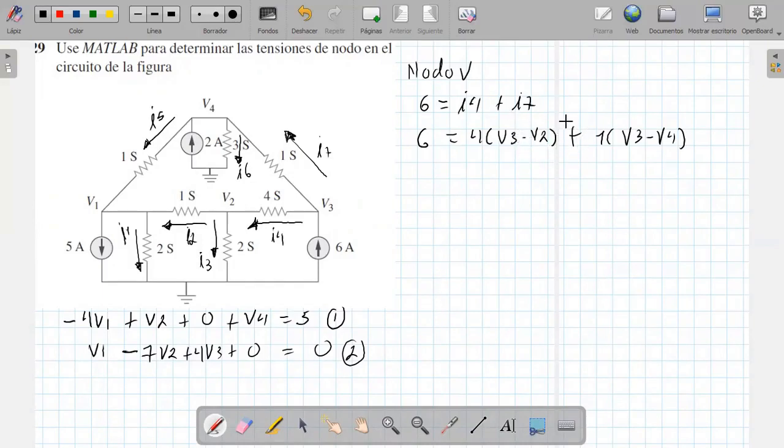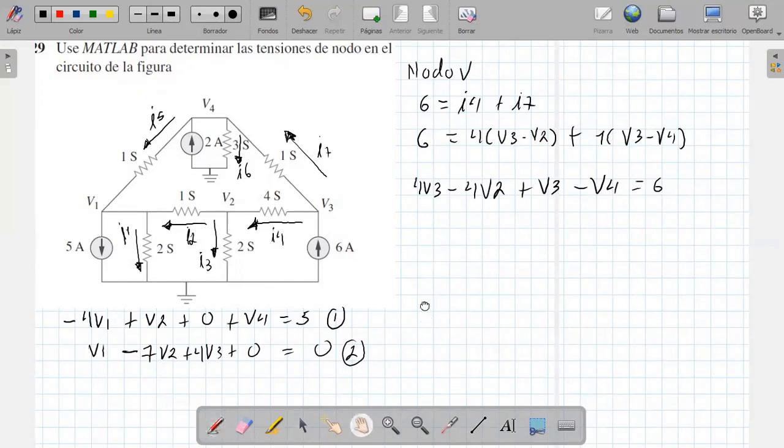Now we multiply. We have 4 volts 3. This minus 4 V2, V3, V4 equals 6.